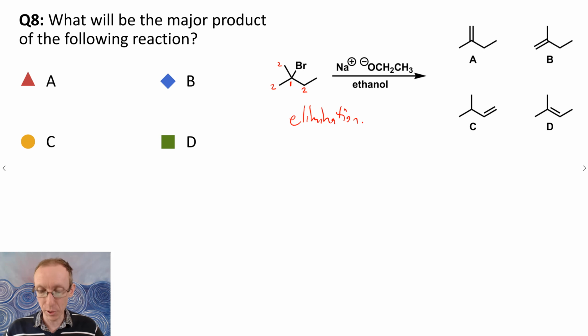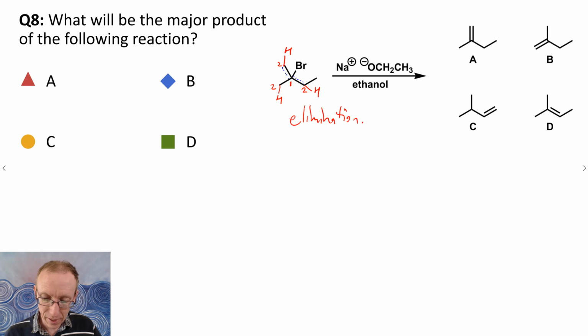So we must be losing a proton off one of those positions, either here, here, or here. And I'm just going to draw one of those protons. I'm not filling out all of the implicit hydrogens on each of those positions. So that means the double bond really has to be either across here or across here.